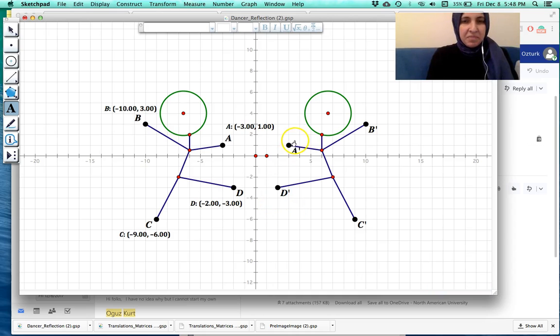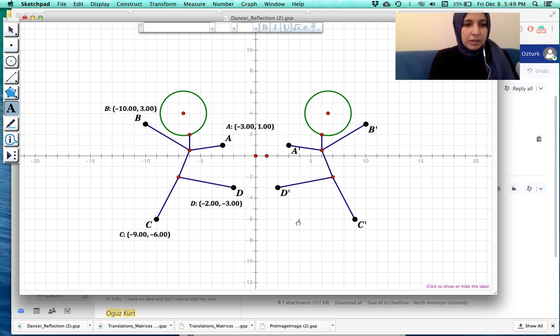I want to predict them as: it seems that A is 3 to 1, B is 10 to 3, D' is 2 to minus 3, and C can be 9 minus 6.